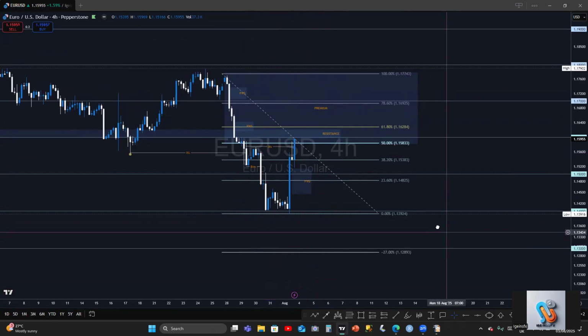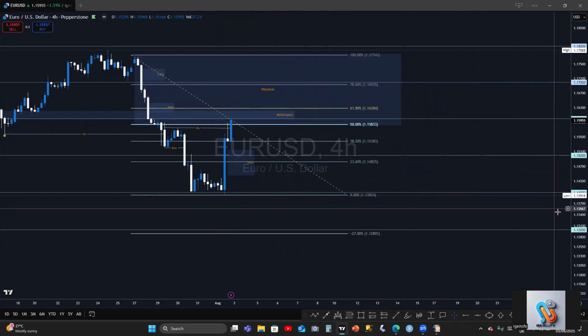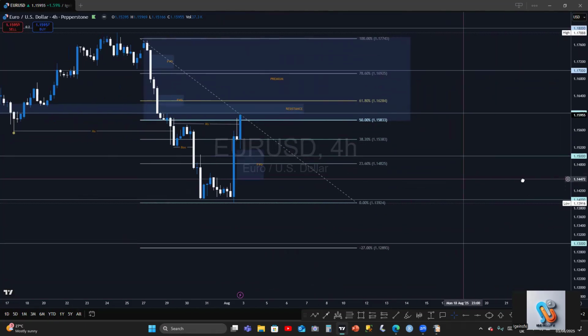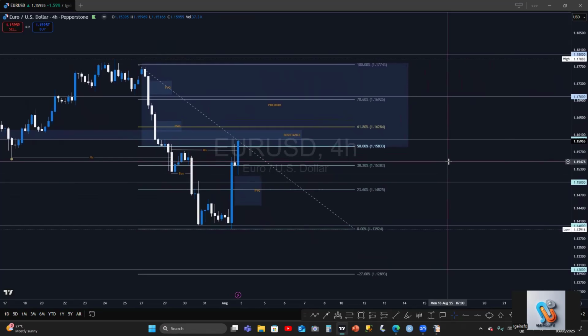So as it stands now, we are bullish. We are now waiting to see the reaction of this resistance. Let's see if this resistance will hold. If it doesn't, then we'll wait for a pullback.